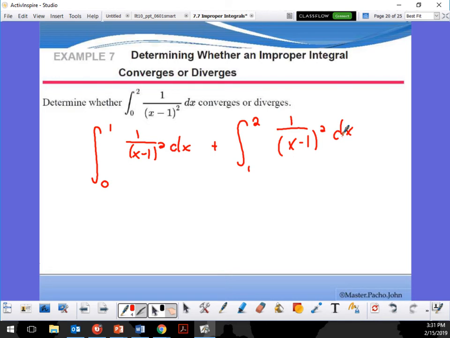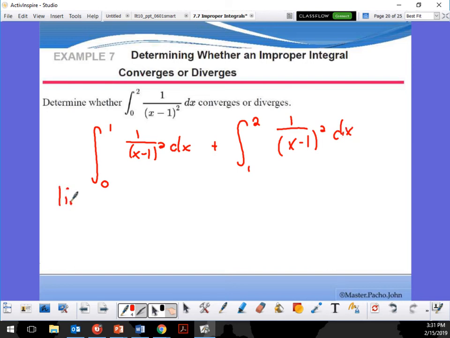Oh wait, we're not going over discontinuity. I was going to say that it's a discontinuous function, but we're trying to see if it converges or diverges. Maybe that comes later. So anyways, what I want to do here is state that this is the number in question that gets me in trouble. Therefore, I want to take the limit of it. So go ahead, I'm going to do that.